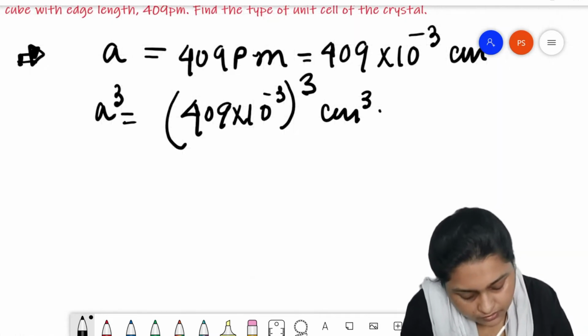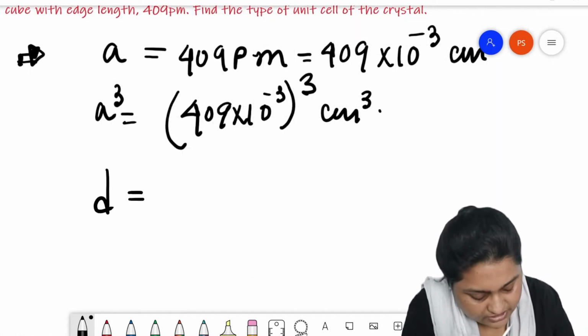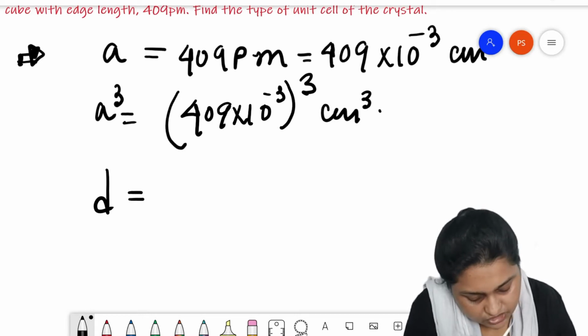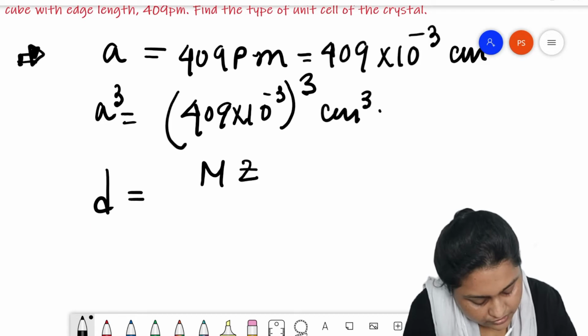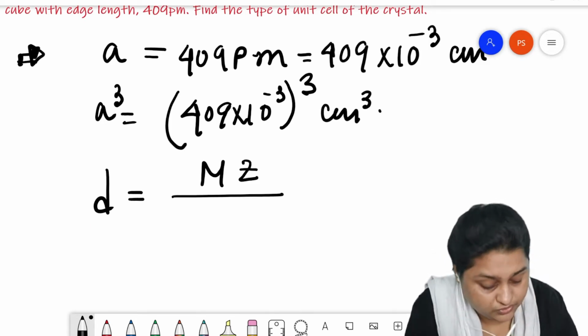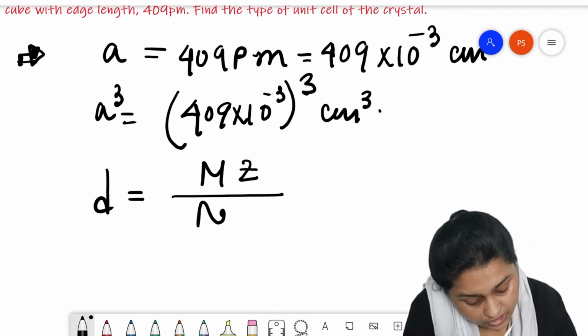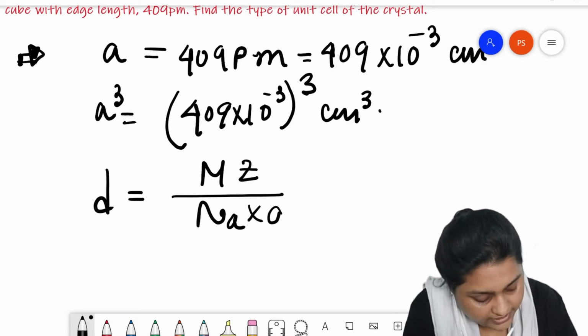Now we know that density of unit cell can be given by the expression d equals M z by N A a cube. M is the molecular mass, multiplied by z, the number of particles per unit cell, divided by Avogadro number into edge length cube.